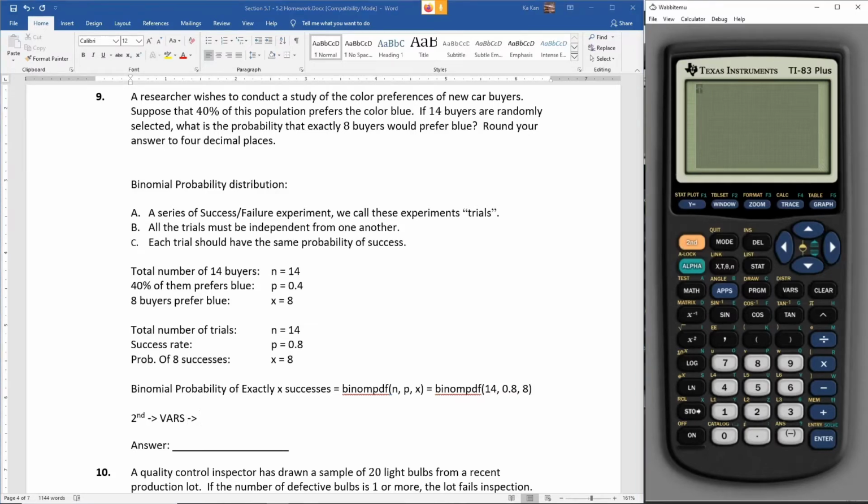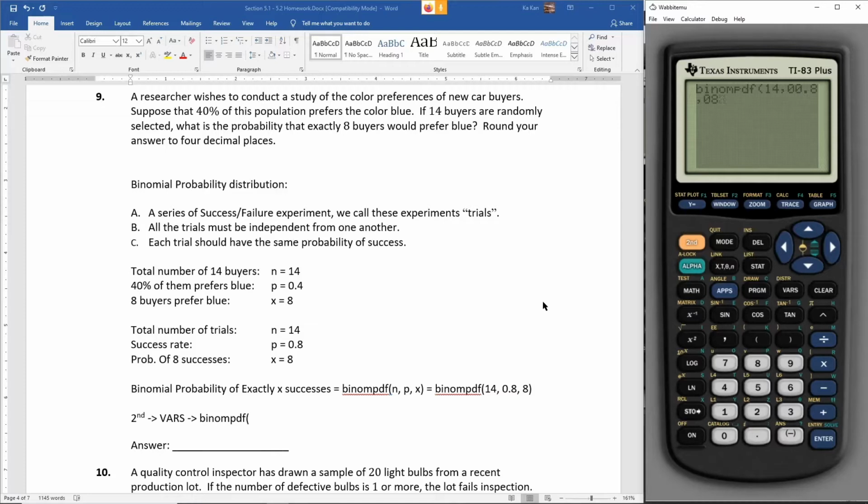Second, variables, and then you just go slow. You gotta scroll down. Don't click on these guys. Go down all the way until you see binomial PDF. Like that, right? So enter. Now you can type in the numbers. You can type in 14, 0.8, 8.